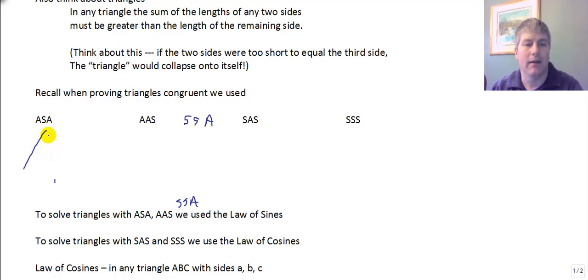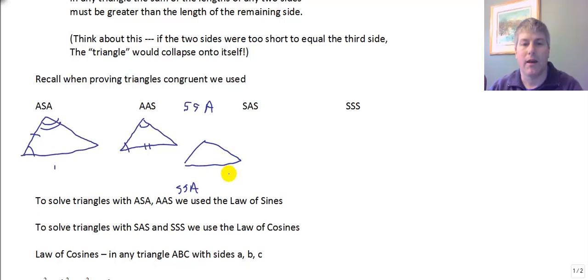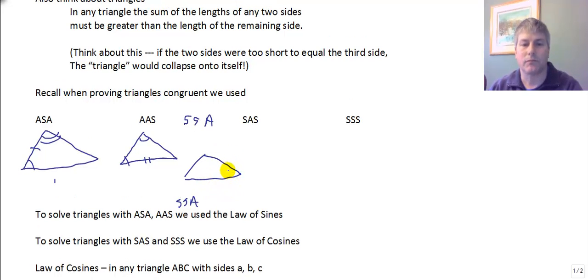So we had information about two angles and an included side, or we had two angles and a non-included side, or with side side angle we had an angle and two consecutive sides. So here, for these three, we use the law of sines.